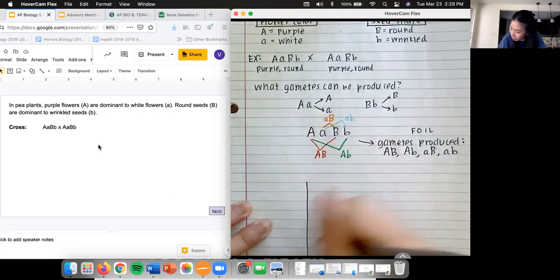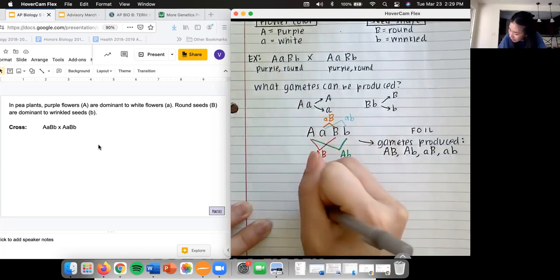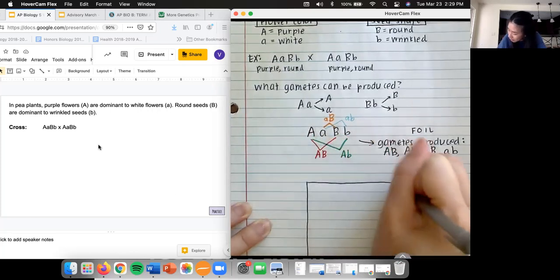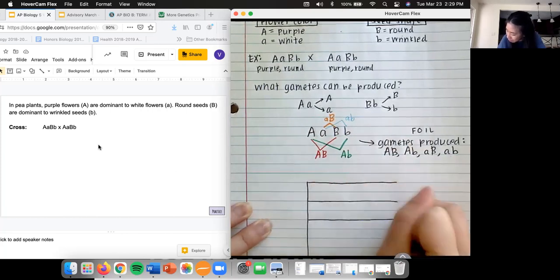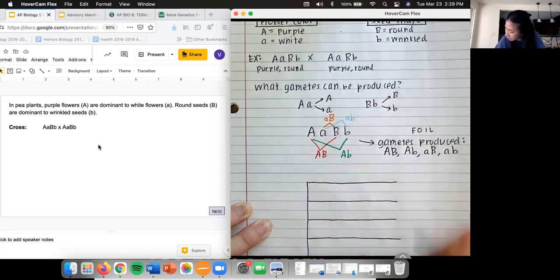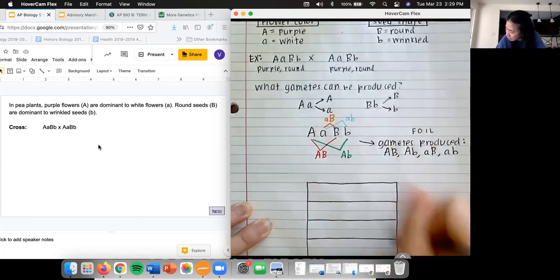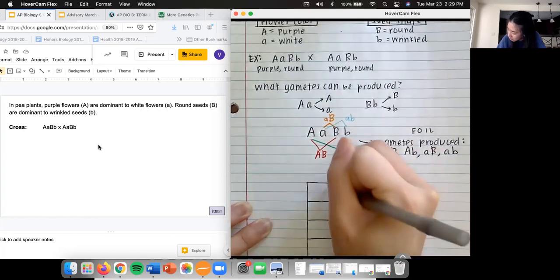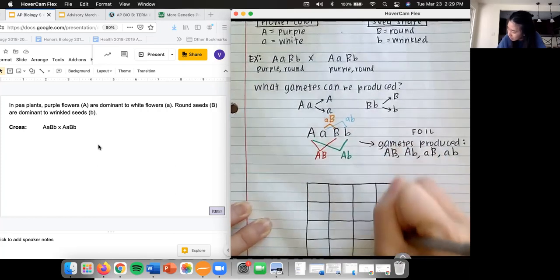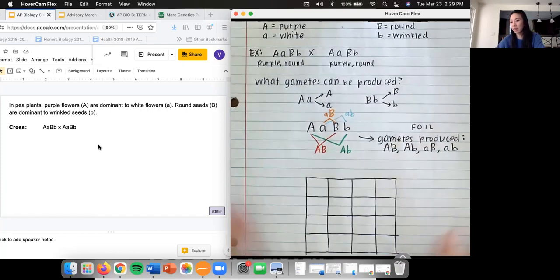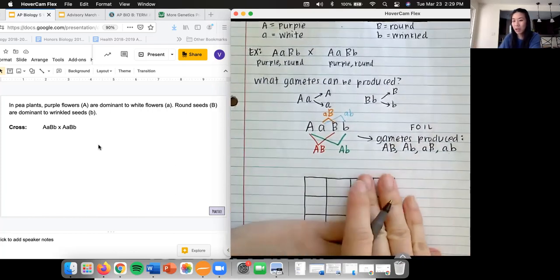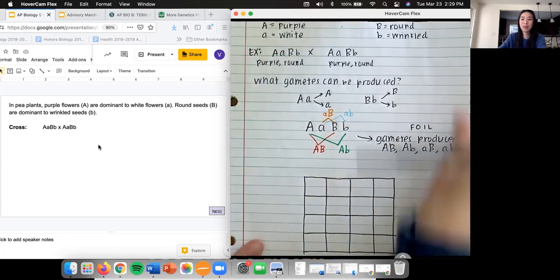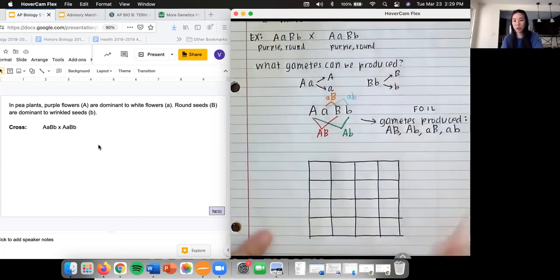So instead of a 4 square, let me try to be as neat as possible since I'm recording this. Instead of our really basic Punnett square earlier with one trait, monohybrid, we have a huge one because we're doing a dihybrid cross.